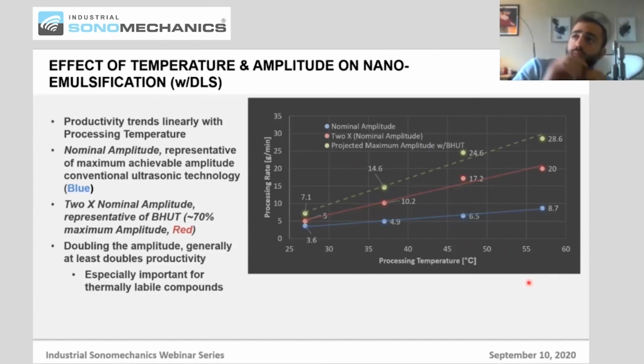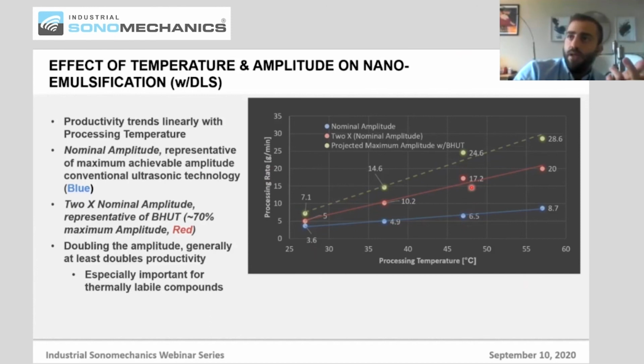And then the dotted green line is projected what the maximum achievable amplitude with BHUT would be. And again, for all amplitudes, we're seeing that as we increase our processing temperature, our processing rate goes up, which makes sense. And as we increase our amplitude across each line, our processing rate is almost doubling when we double the amplitude from the green to the red line.